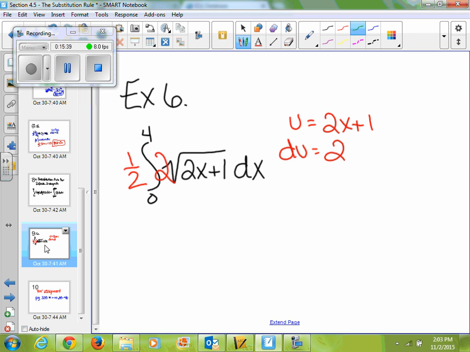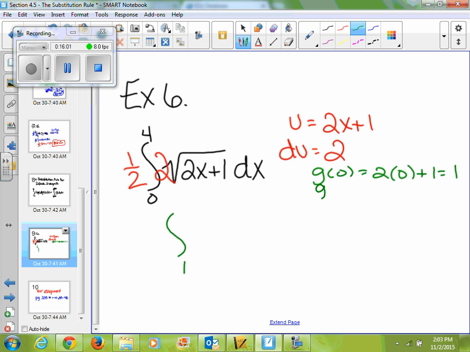I also need to find my new limits. So if I want to find my lower limit, remember that u is also equal to g of x. So g of 0 is equal to 2 times 0 plus 1. So what is 2 times 0 plus 1? 1. Okay, so I know that my new lower limit is 1.